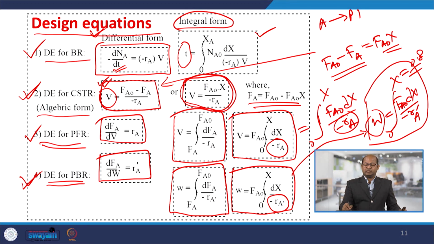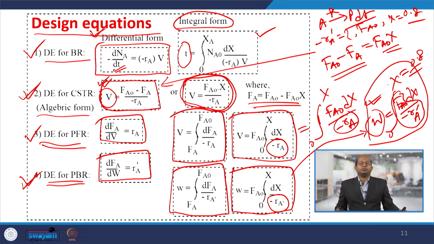Then how much amount of catalyst we need, that is the weight of the catalyst, we can easily calculate, theoretically. For that reaction, we have to know minus r_A prime and F_A0, and we have to specify the x_A value from 0 to x_A. Then the weight of the catalyst required to conduct the reaction and to get that desired conversion, we can easily evaluate for that system.